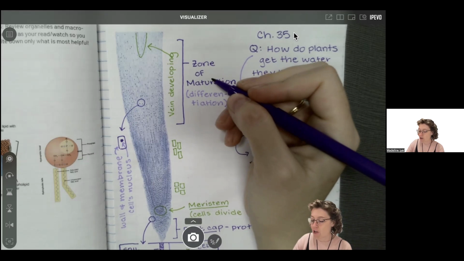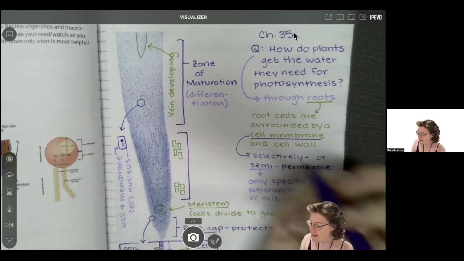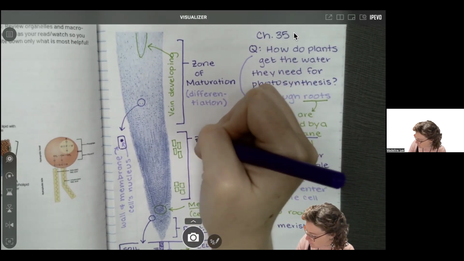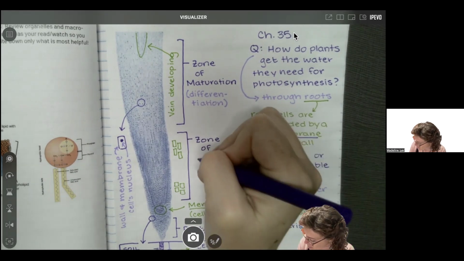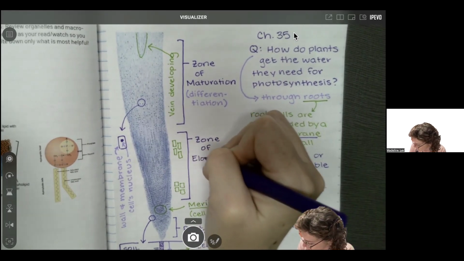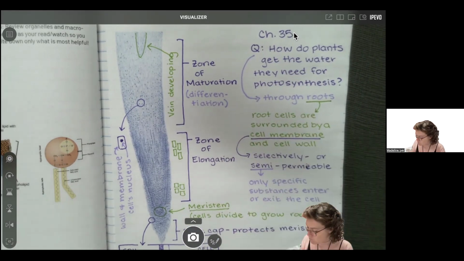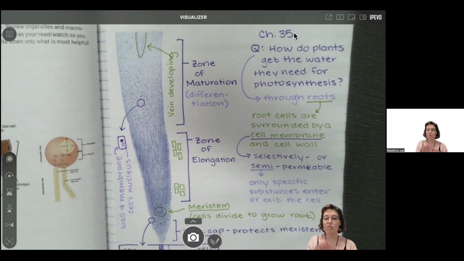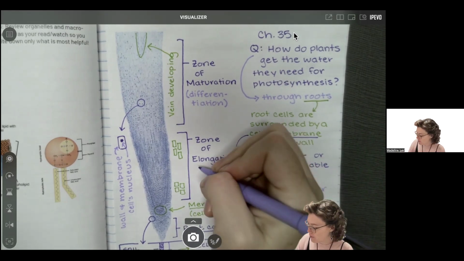All right, they're not differentiating, they're not mature, but we call this the zone of elongation. And it's the stretching of these cells that pushes the root cap through the soil.